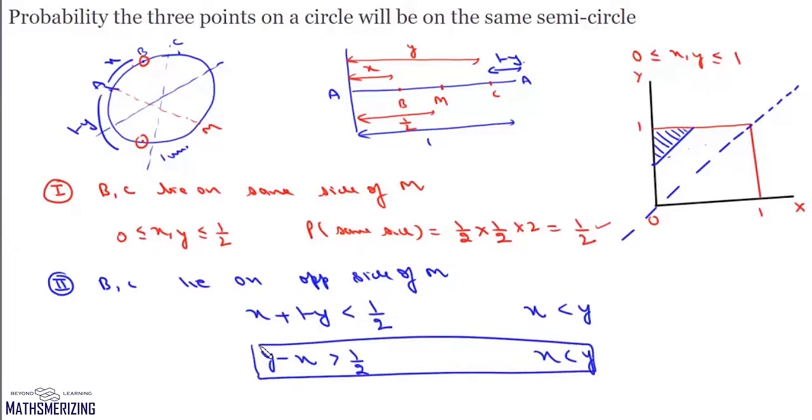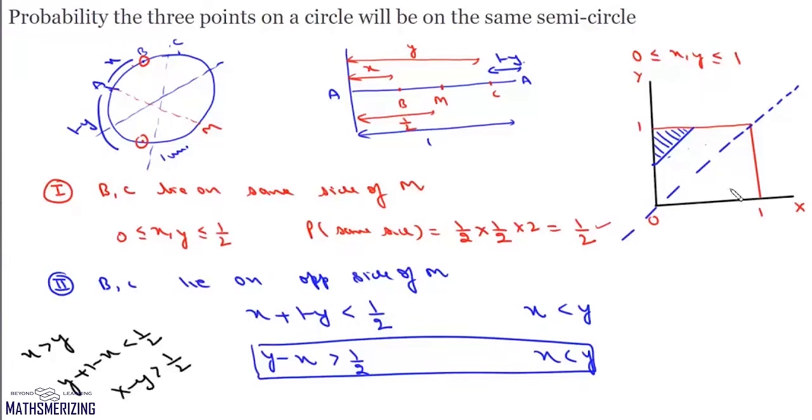Now we'll also have the second case when X is greater than Y. Now if X is greater than Y, then in that case, we'll get the condition that Y plus 1 minus X should be less than 1 by 2, which is X minus Y is greater than 1 by 2.